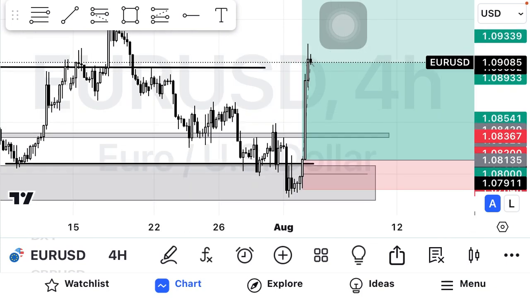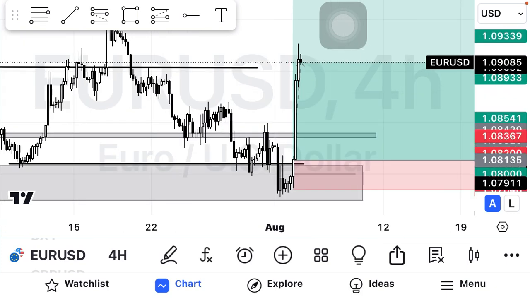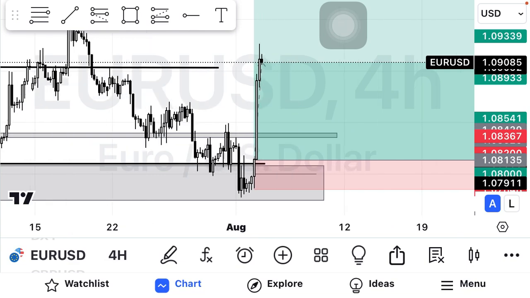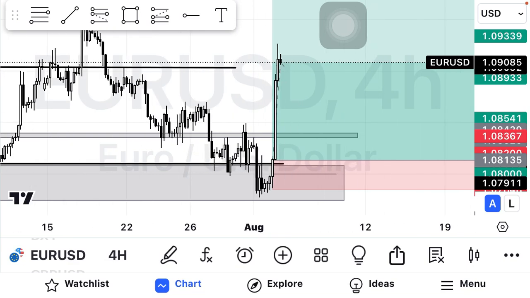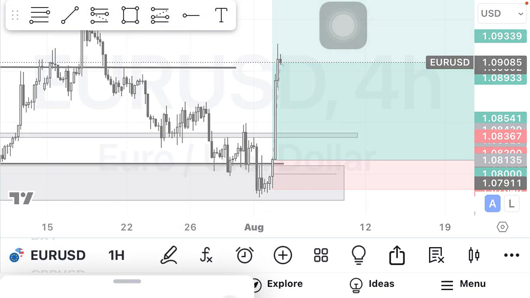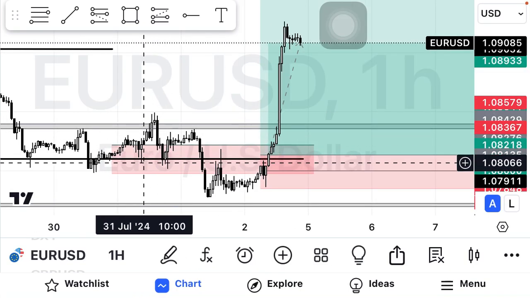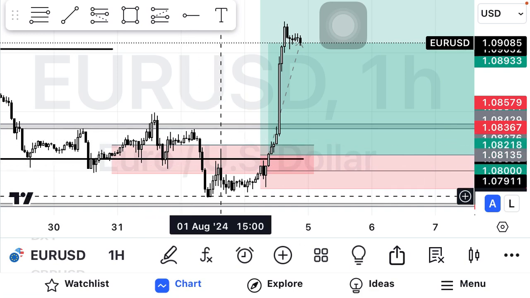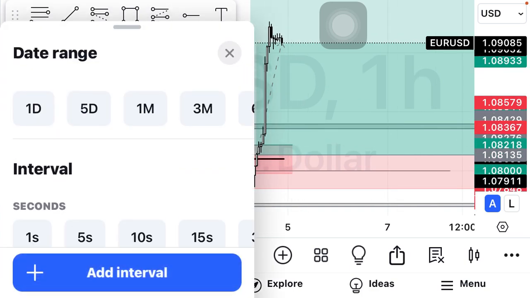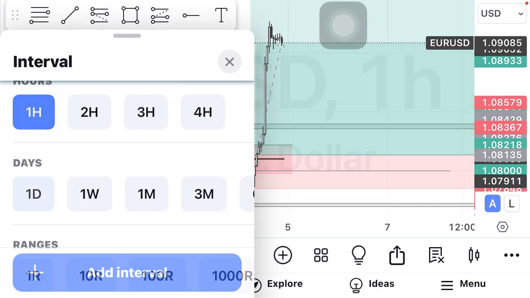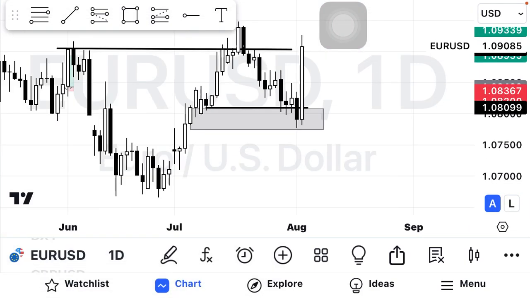Euro USD is actually quite an interesting trade. I actually entered the trade from last week, this week, and price hit my stop loss from here. So price went down, and it's actually a very, very simple analysis.